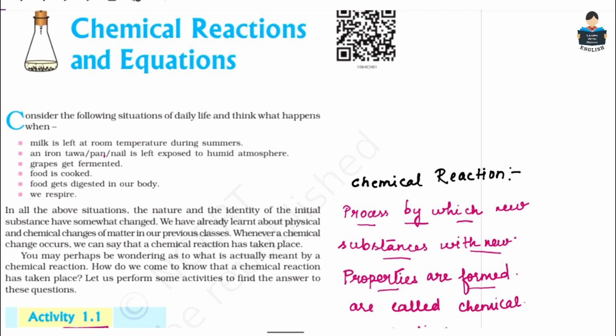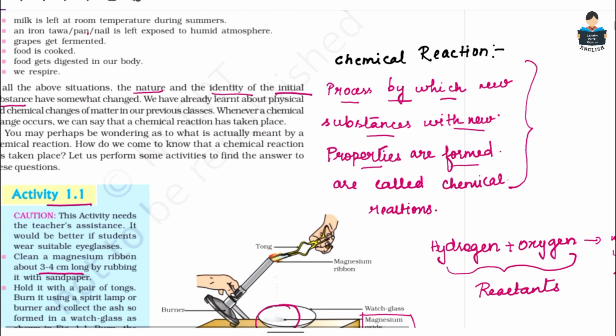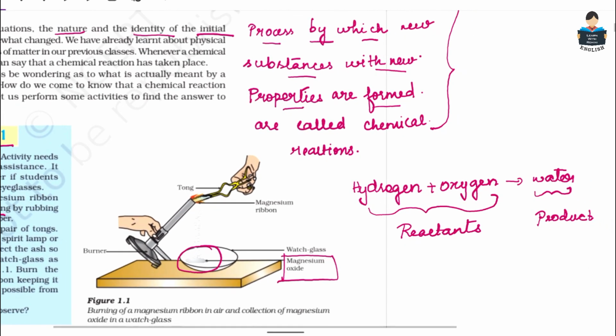In these situations, the nature and the identity of the initial substance has changed. The process by which new substances with new properties are formed is called a chemical reaction. An example is hydrogen and oxygen: they react with each other and form a water molecule.